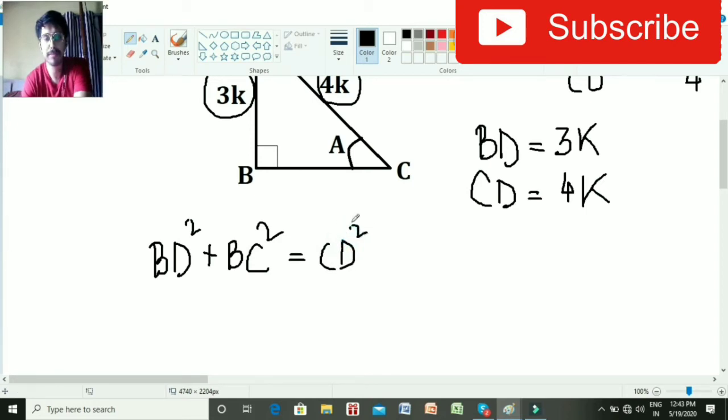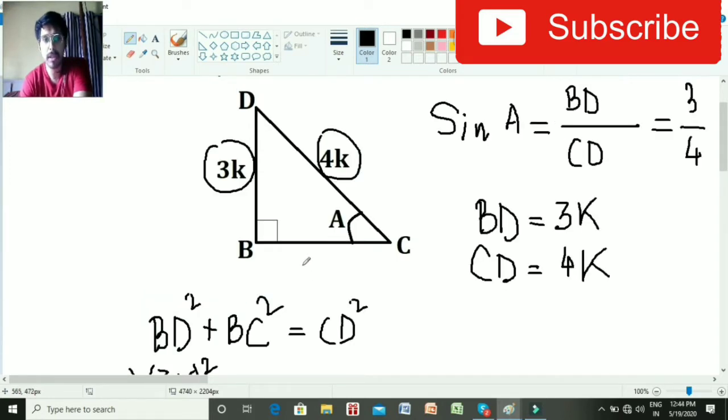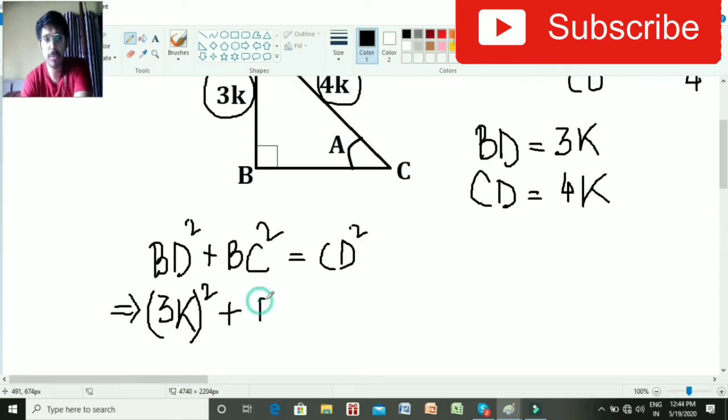Now the value of BD square, we have taken BD as 3K, so that will be 3K whole square. Then we have BC square. BC we have not taken anything, so we have to find this particular value. So BC square will remain as BC square, and that will be equal to CD square.